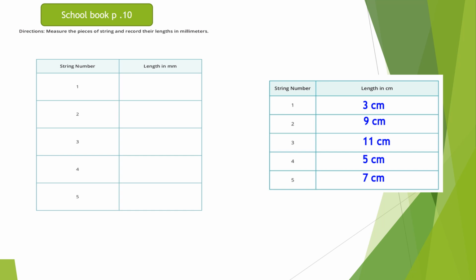Don't forget we said that 1 centimeter equals 10 millimeters. So 3 centimeters will be 30 millimeters, 90 millimeters, 110 millimeters, 50 and 70. Each number we added 1 zero to it.